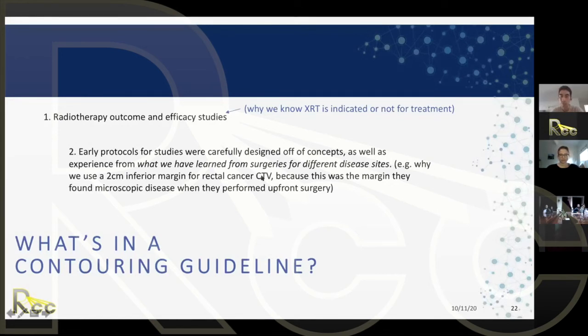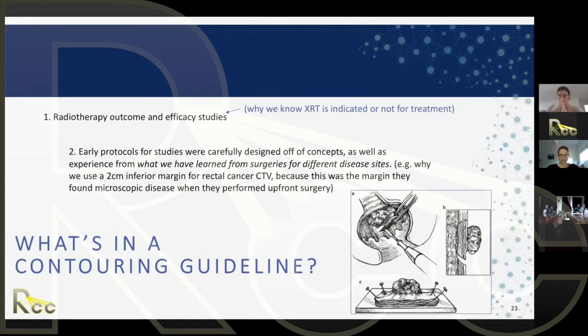So for rectal cancer, why do we use a 2-centimeter inferior margin for our CTV? Well, it's because when they did surgeries and they would remove gross tumor and also an area around it, they saw that it was within those first 2 centimeters where you would find the microscopic disease. So now it makes sense. We can apply this for radiation if we're radiating an intact tumor, where might we expect the microscopic disease to exist?